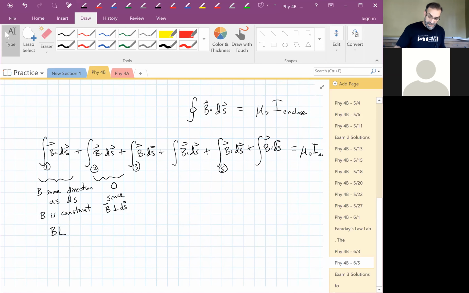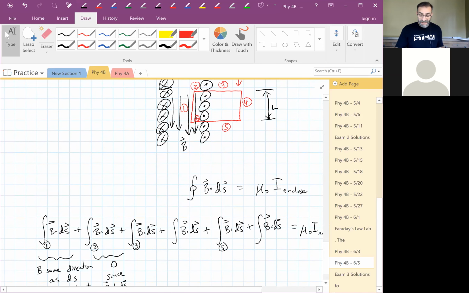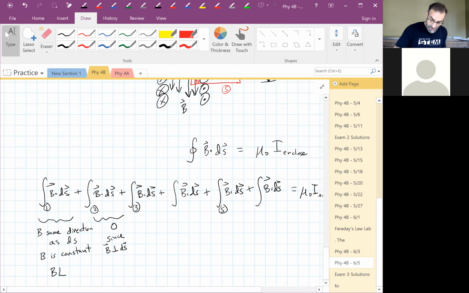How about sections 3, 4, and 5? They're all going to be 0 because B is equal to 0 outside of the solenoid.